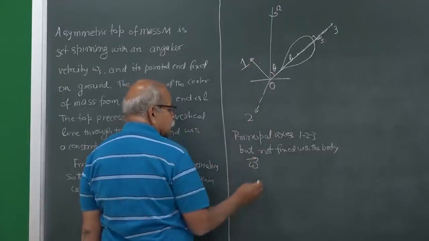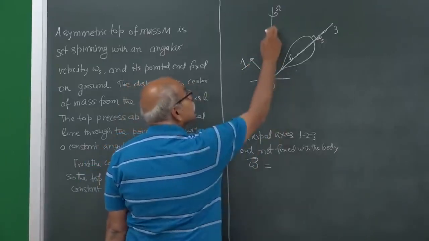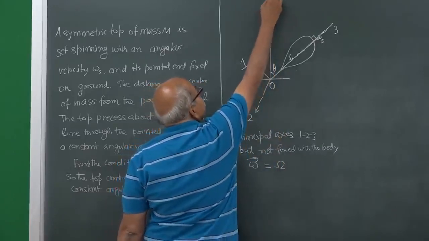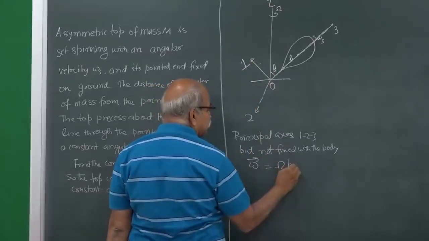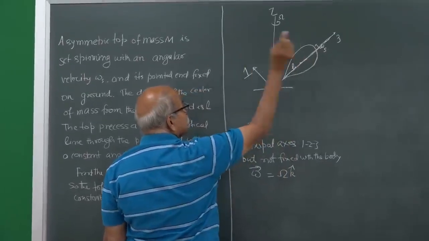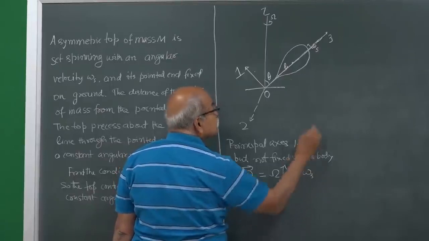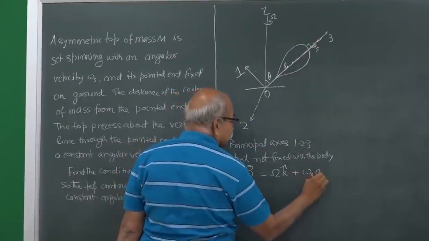Fine. So, this is our system, and this is our origin. The angular velocity will be this omega, along the z axis, omega k cap, because of that precession, and then omega s in the E3 direction.